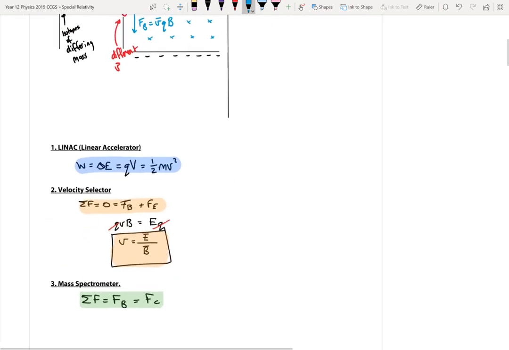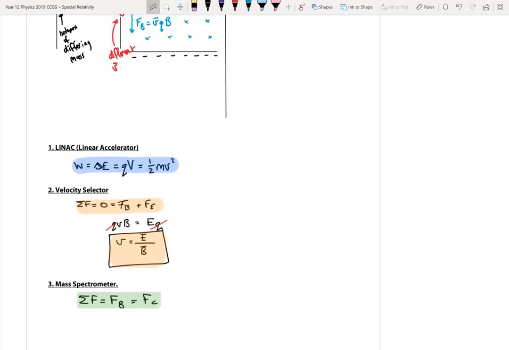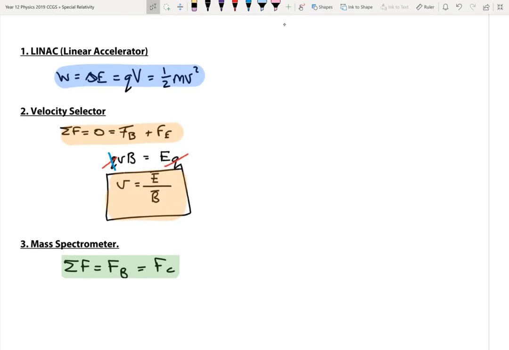Okay? Now, just down the bottom here, highlighted a lovely orange. Look what happens. I've got a cancelling, and we can rearrange that at just the right velocity, only those that will travel, they'll come out with a velocity that's the electric field strength divided by the magnetic field strength.